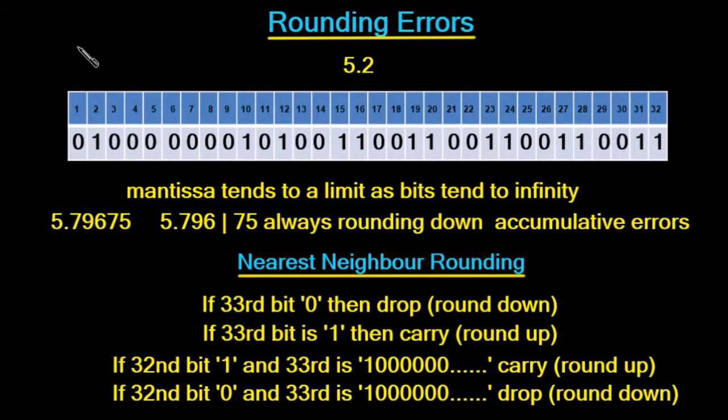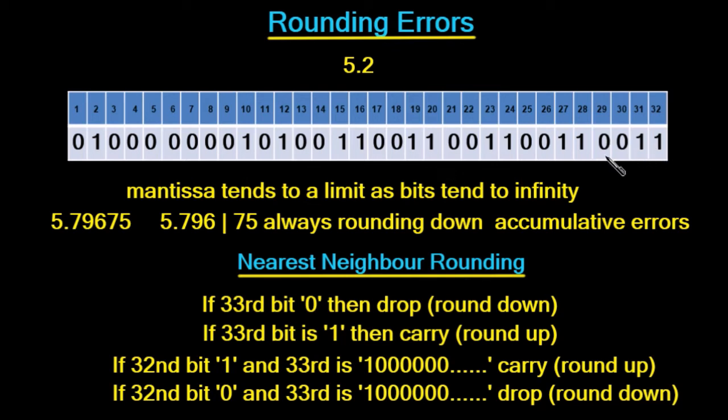So let's have a quick look at rounding errors. Now we've seen the number 5.2 previously when we did the conversion from the decimal to the 32-bit floating point binary. This is a 32-bit floating point binary representation here, and we've seen that it's generated as an approximation, so we get a repeating value 0011, 0011, and this will continue on forever.